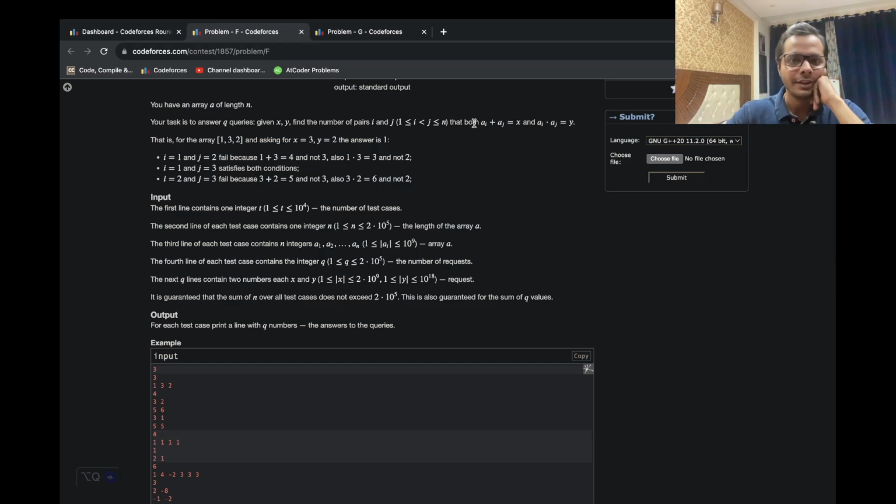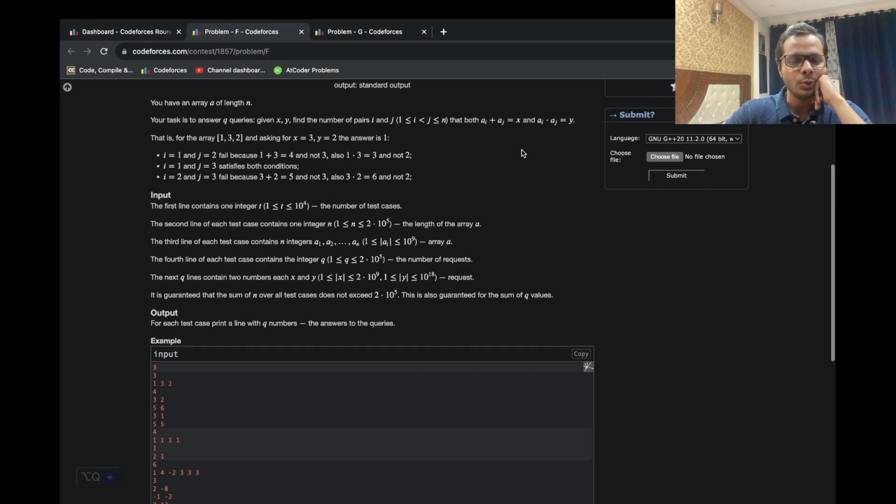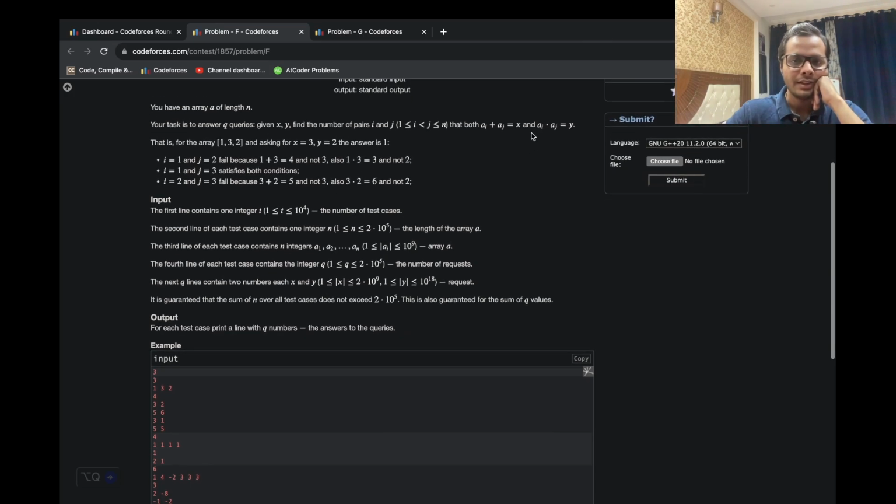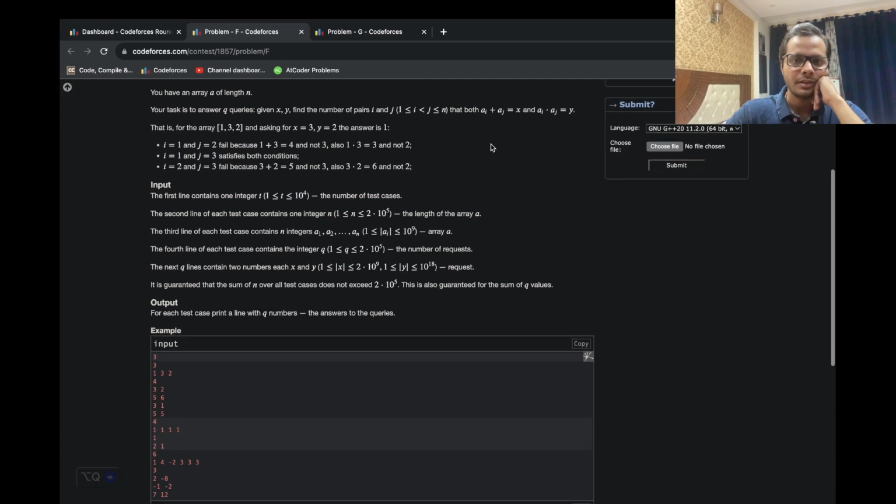But wait a minute. If we know both the sum and the product, we have two equations and two variables essentially. So that should make our lives much easier. We can essentially solve it, right?